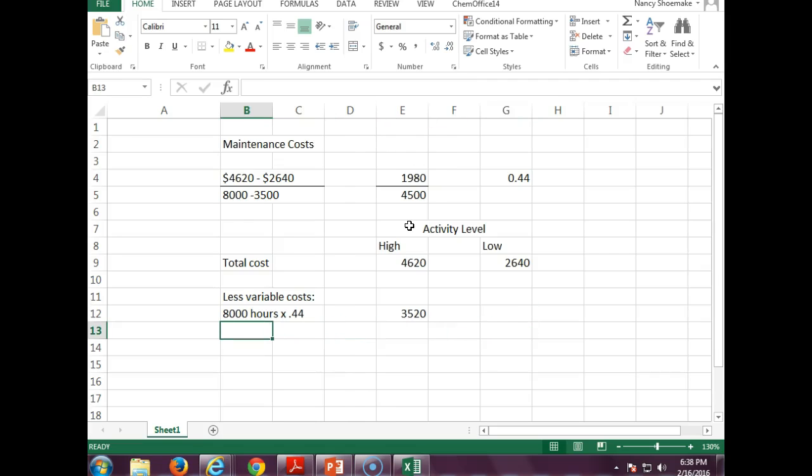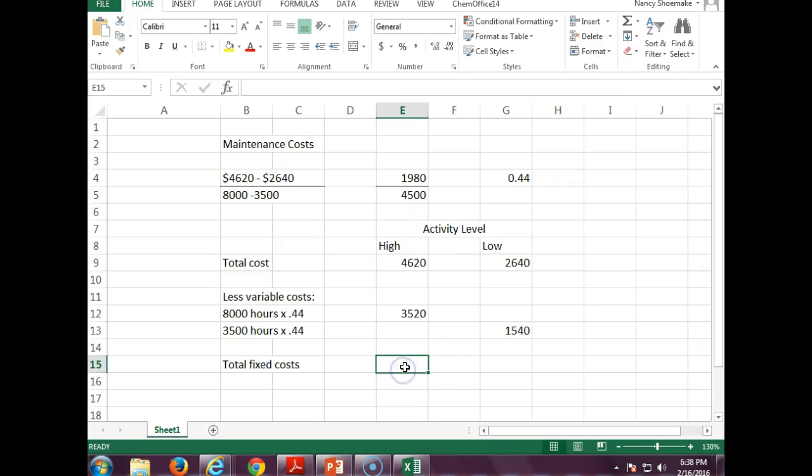Then we've got the low month of 3,500 hours at 44 cents, which gives us $1,540.